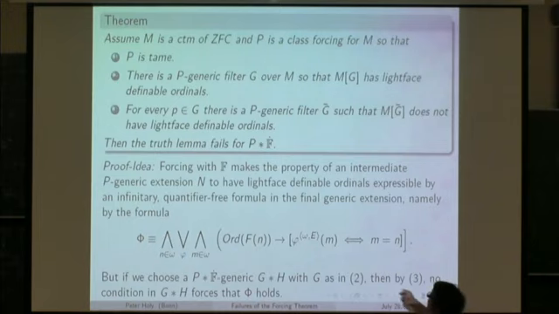But then by the third condition up there, we can choose a generic filter that contains this condition, however, such that the intermediate extension does not have light-face definable ordinals, so which has an ordinal that is not light-face definable. But then, of course, this means that this condition can actually not force this statement here.